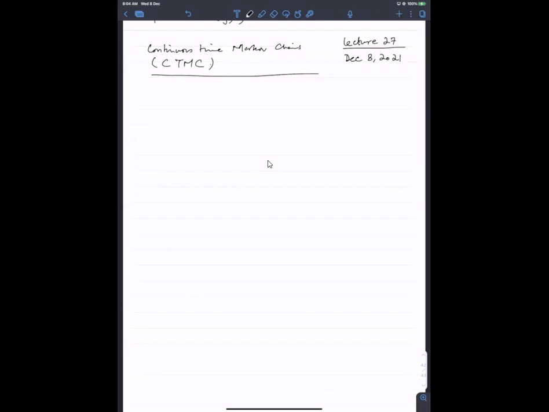So if you recall from the definition of DTMC, discrete time Markov chains, we said three things about that.